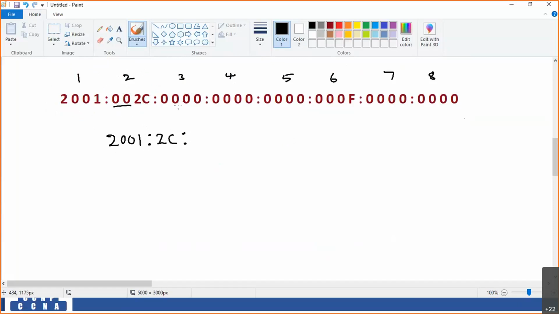In the third field, 4 successive zeros are substituted with a single zero colon. Again 4 successive zeros substituted with 0 colon. In the sixth field, we have 3 leading zeros, which we omit, and write F colon. Again 4 successive zeros, 0 colon 0. So like this, we can represent IPv6, guys. Is it clear for everyone?